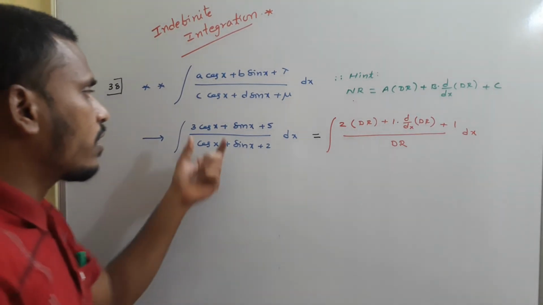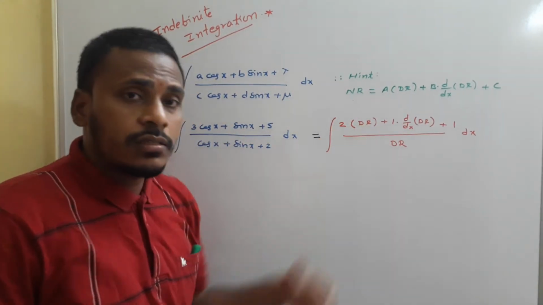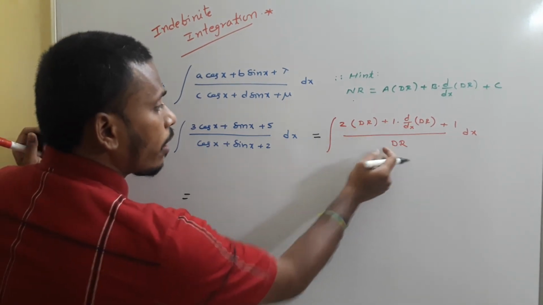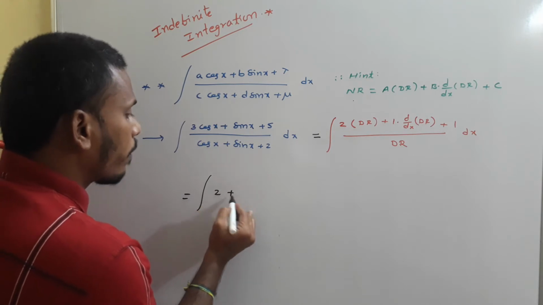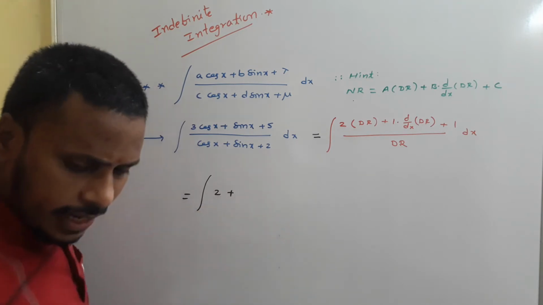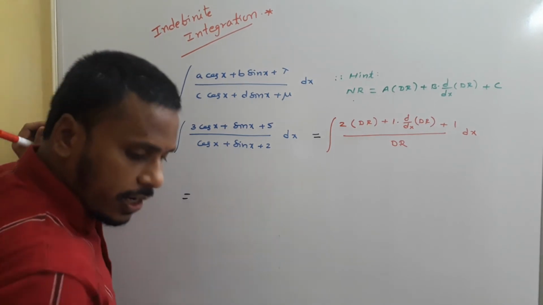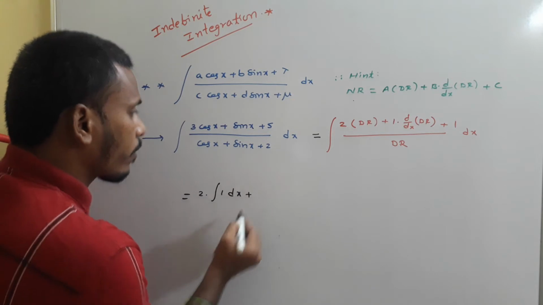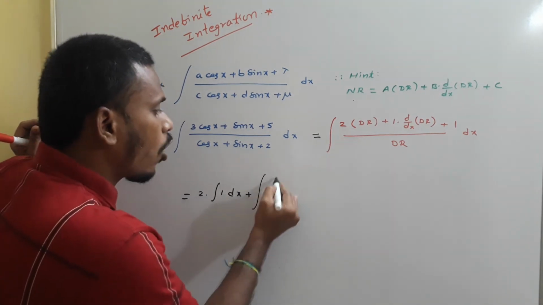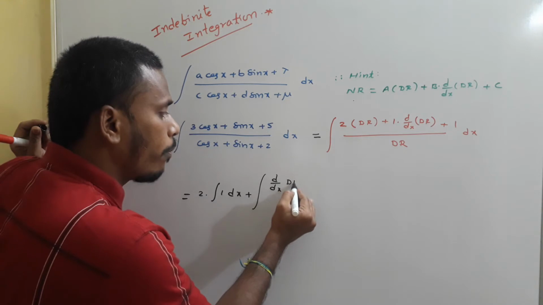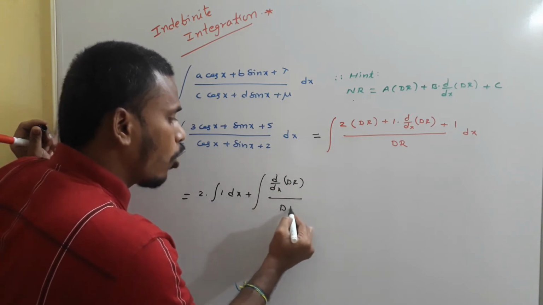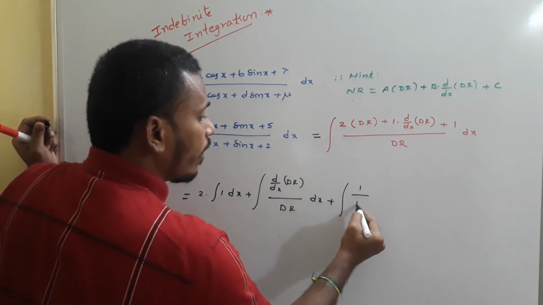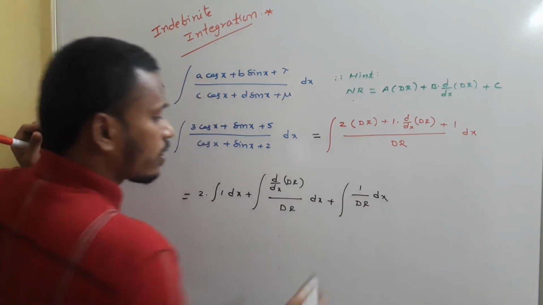Now after expressing the numerator like this with the denominator, the next step: 2 times denominator by denominator is just 2, so write 2 out, and we are left with integral of 1 dx, plus integral of d by dx of denominator divided by denominator dx, plus integral of 1 divided by denominator dx.